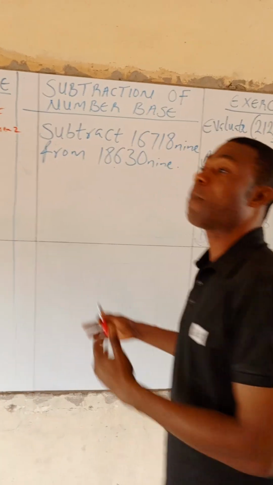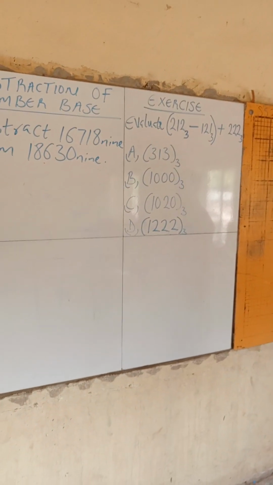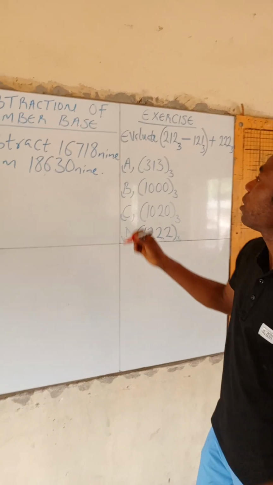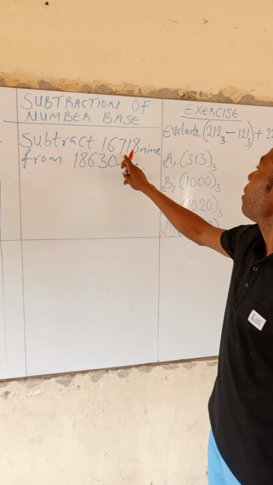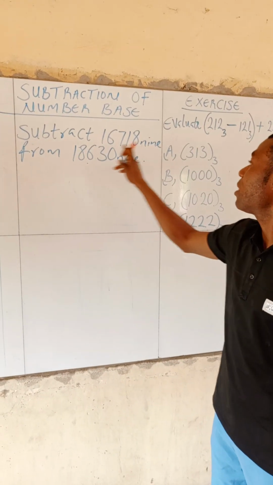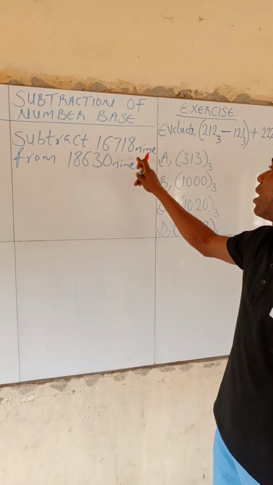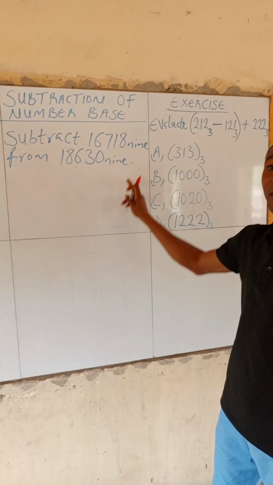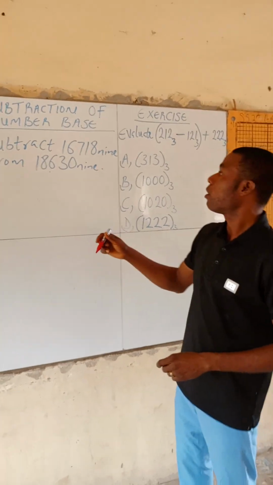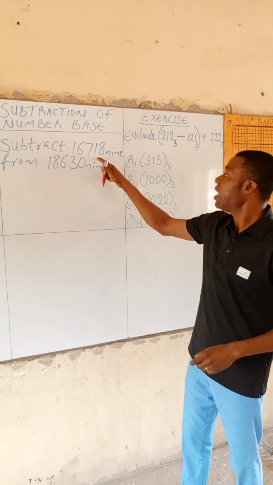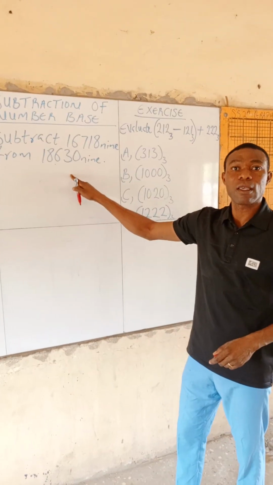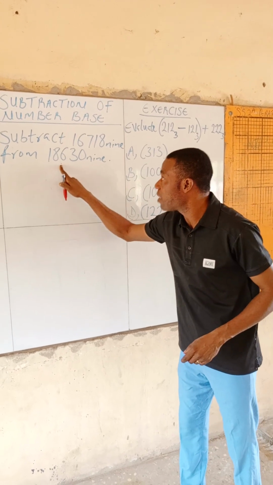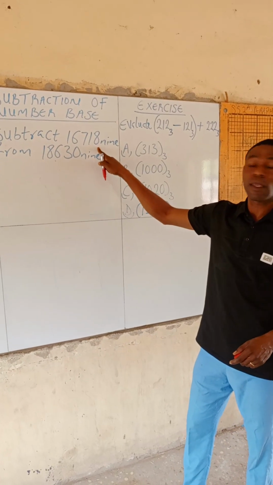In subtraction of number base, we are going to do the same thing. So in the subtraction of number base, we have this: in base 9, subtract 16718 base 9 from 18630 base 9. Take note of the word they use here: this from this. So that means we are going to write this first, then take away this.